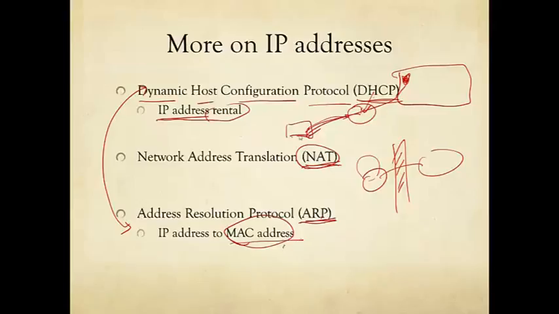So I tell you who I am as a machine, you give me an IP address that's visible for routing purposes. That was DHCP. Now ARP is the other way around. It says that if you tell me the IP address you're trying to look for, then I'll return to you the corresponding MAC address. So there's a lot going on in address management.